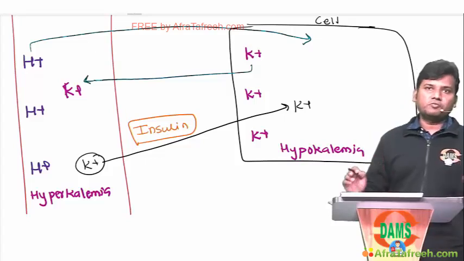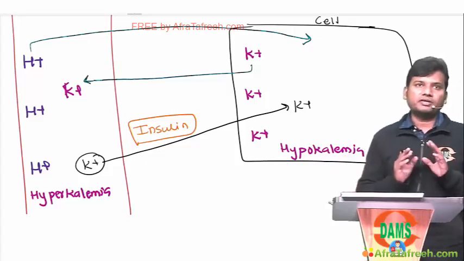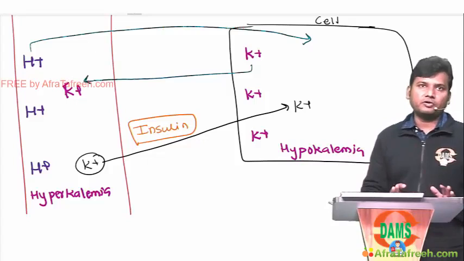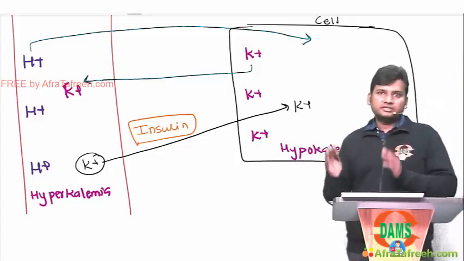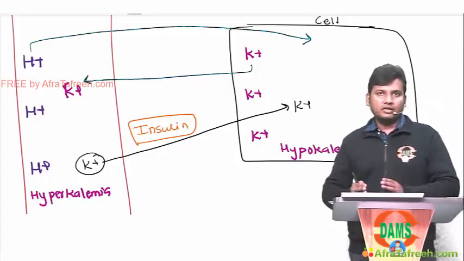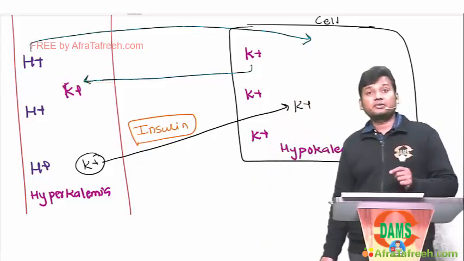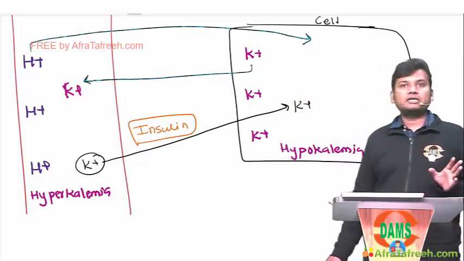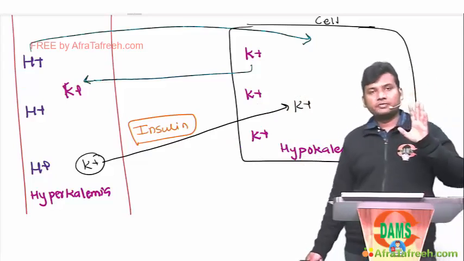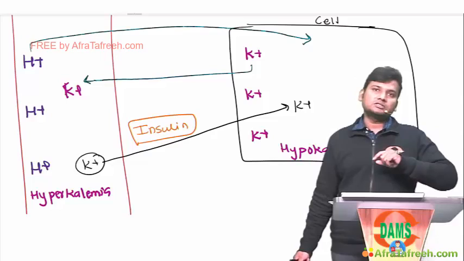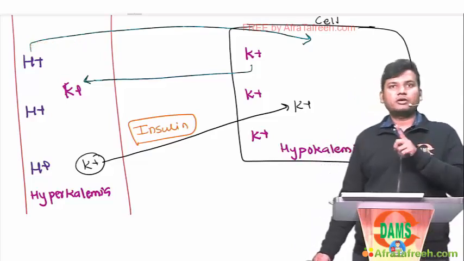A very important sentence. Please remember this. Very basic and very important. Insulin shifts potassium from blood to cell. Okay. So insulin is a treatment of hyperkalemia, hyperkalemia because of any cause. You can give insulin because insulin will shift potassium from blood to cell.